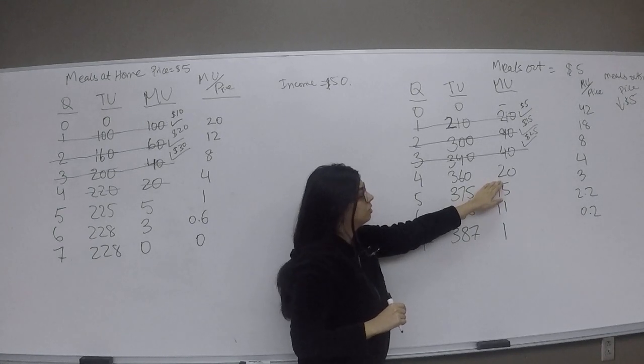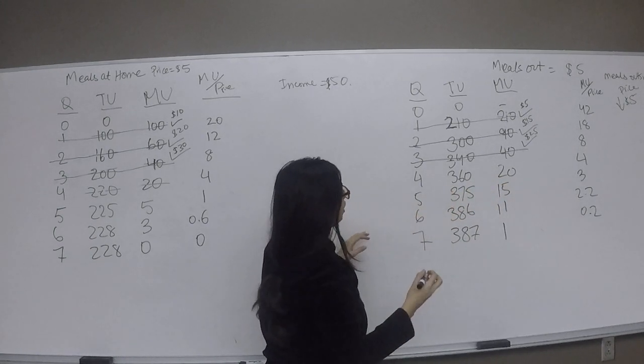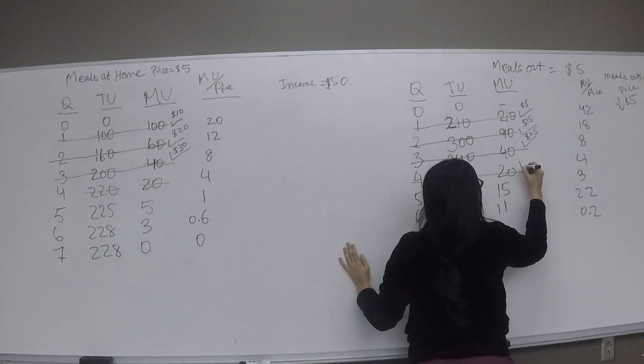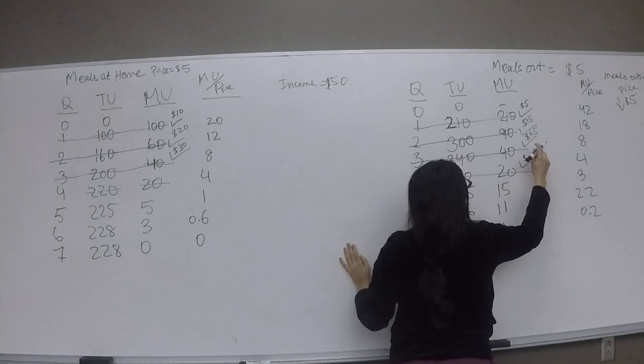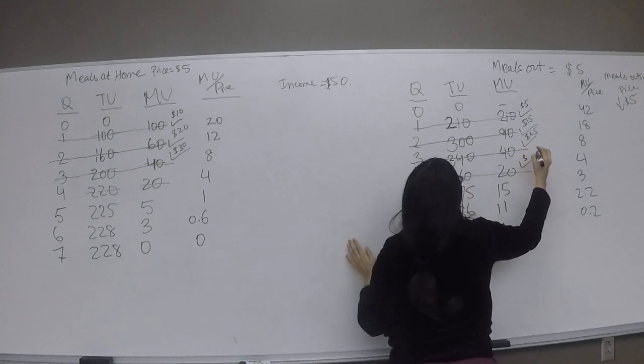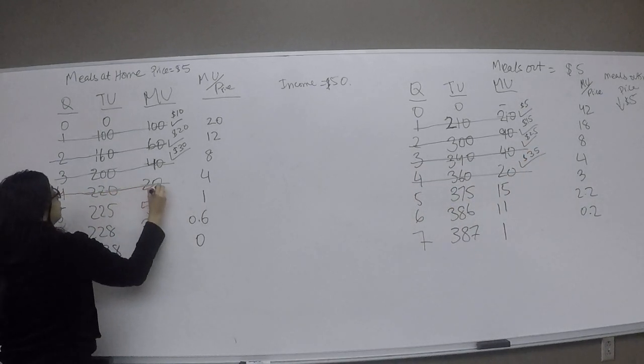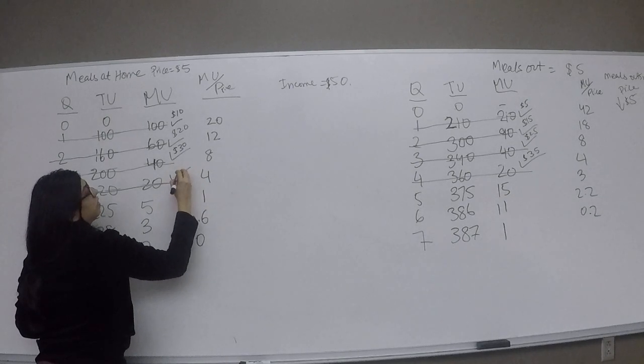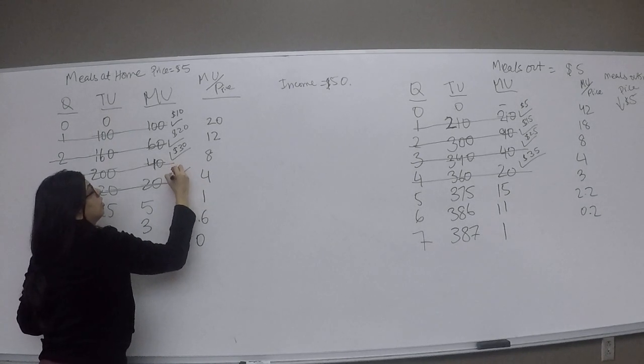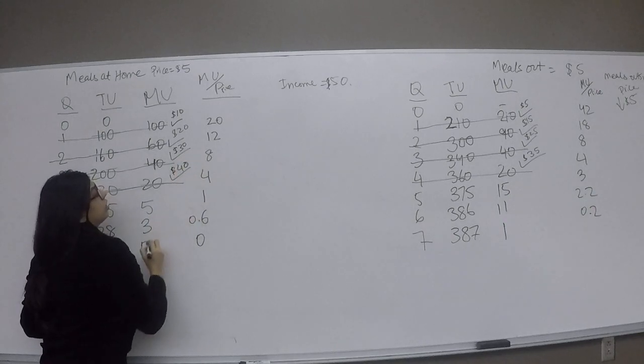So what you're going to do, you have the money, you can do both. So $35. And the fourth one at home is giving you $40.